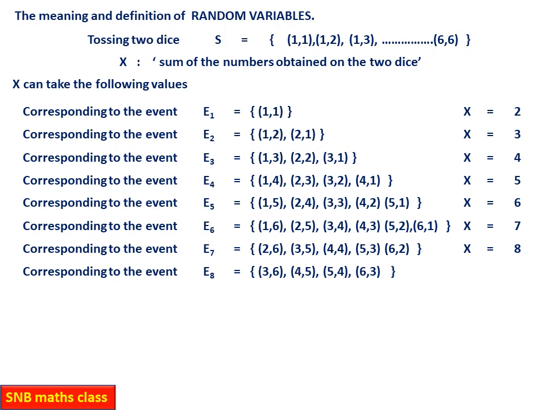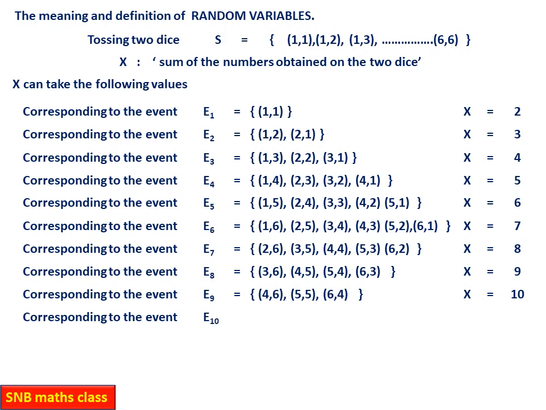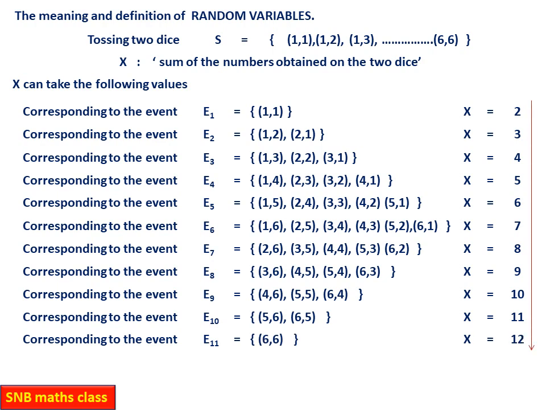The next one is E8. So the events will be 3 6, 4 5, 5 4, 6 3, and the value of X will be 9. And the next one is E9, which consists of 4 6, 5 5, 6 4. Here the X value is 10, and the next one is E10, that is 5 6 and 6 5, whose sum is 11. And the last one, E11, consists of 6 6 only, so that is 12.